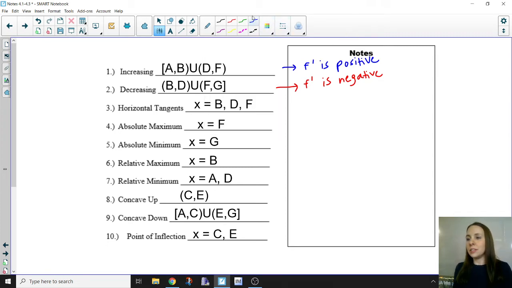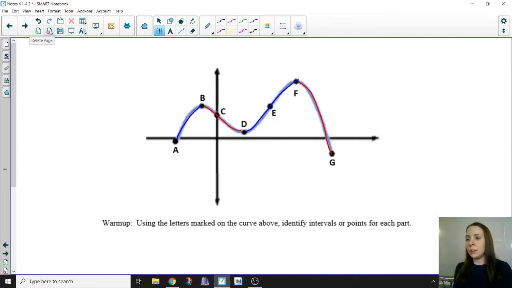Horizontal tangents. I found horizontal tangents at x equals b, d, and f. The tangent lines that we would draw would all be horizontal. We already talked about that at some point in chapter 3, right?